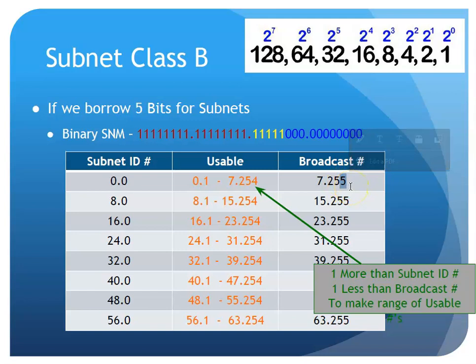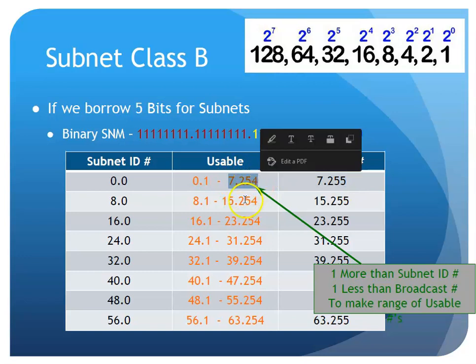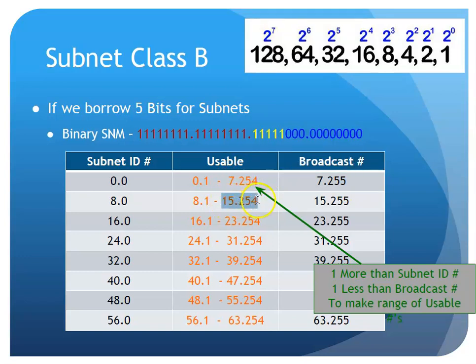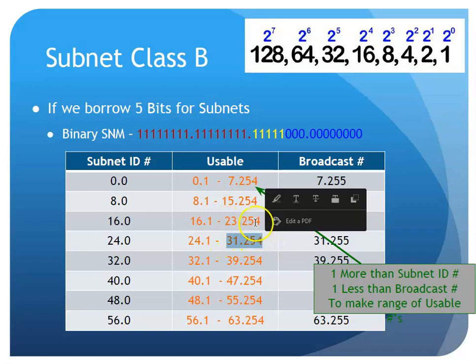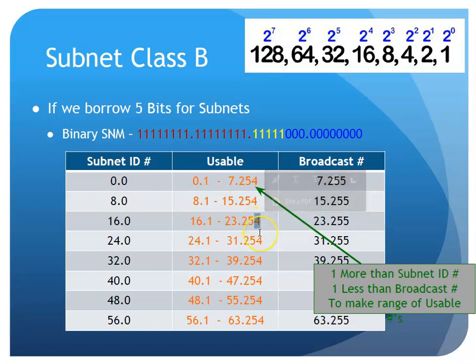The far right column on my odometer would decrease by 1. So over here, 7.254, 15.254. That is 1 less than this broadcast number. 23.254, 31.254. That's that last number that's decreasing by 1. That is how I get my last usable.